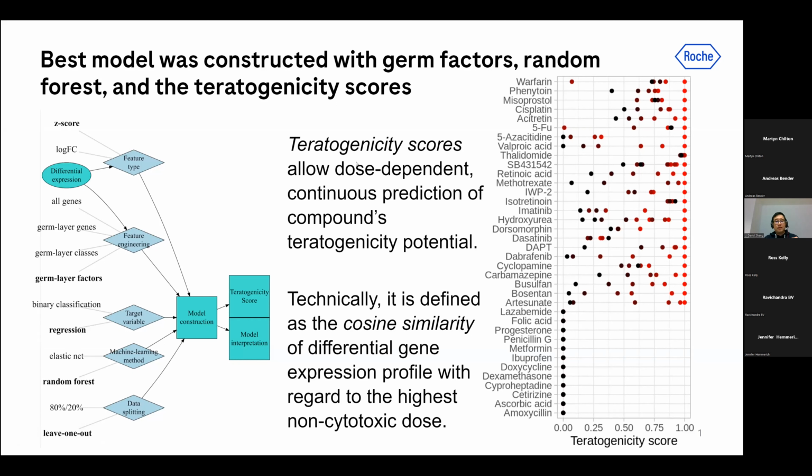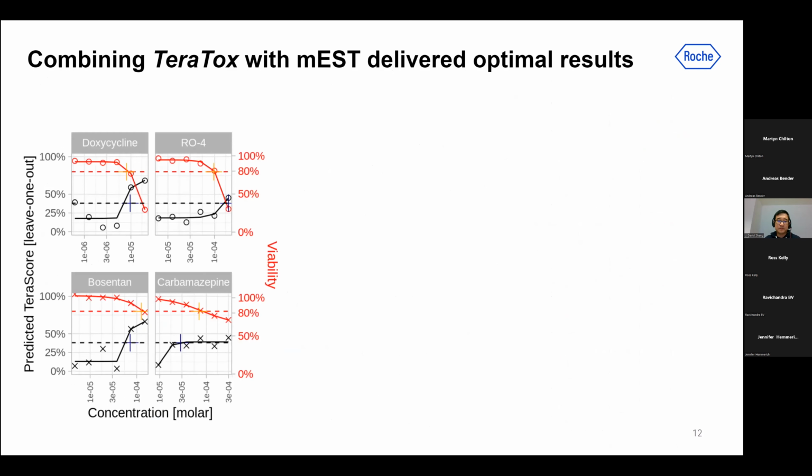Therefore, we define not a binary output, but a teratogenicity score, which is defined as a cosine similarity of the differential gene expression profile with regard to the highest non-cytotoxic dose. So in this case, we transform a binary problem into a continuous prediction problem, and we can make judgments based on dose response.